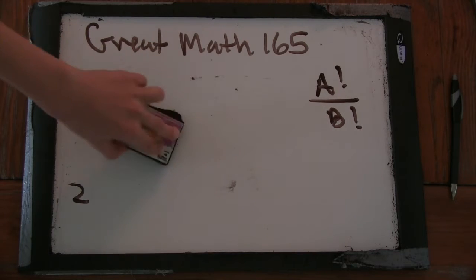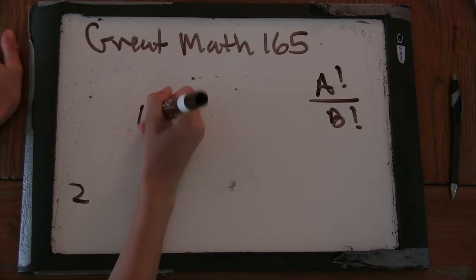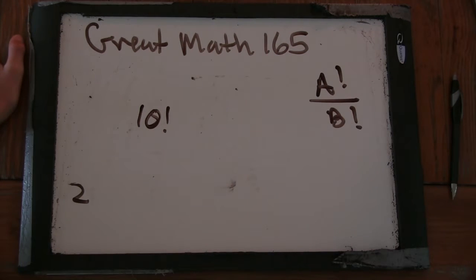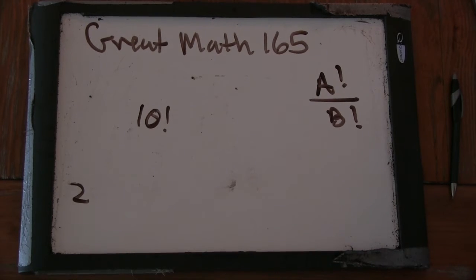So, 10 factorial. 10 factorial would have eight 2's. But this isn't possible again, because you'd have to take away too many. You can't do that exactly.